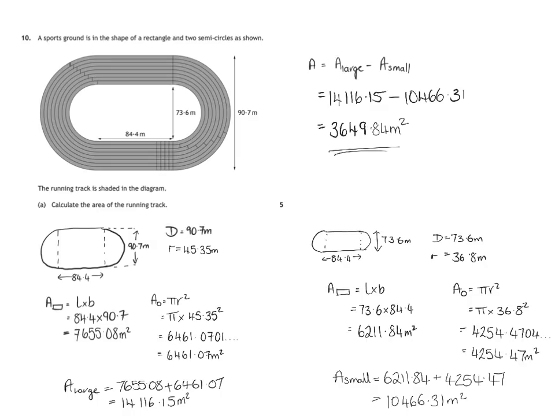Marks for this question. It's out of 5, so there's lots of marks for you to get here. Your first mark was for finding the area of the larger circle here. We get 1 for calculating the area of the smaller circle. In this case, the marking scheme says to subtract the areas of the circles.